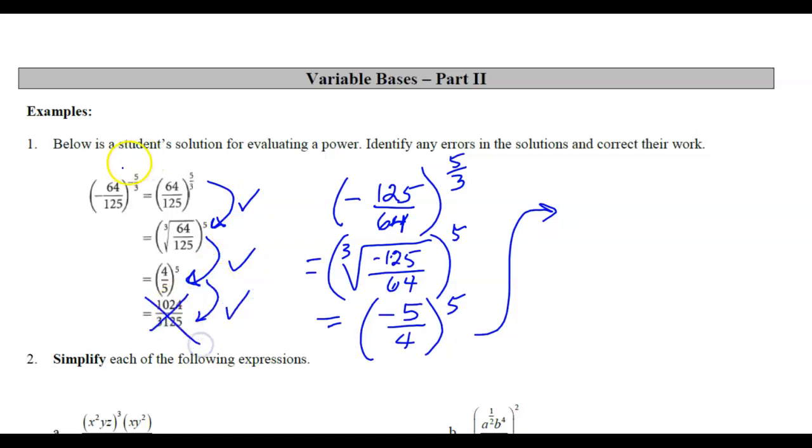It's a wrong answer because this was incorrect, right? So that was wrong. For us, it's going to be negative 3,125 over 1,024, because a negative raised to an odd exponent will give you a negative answer.